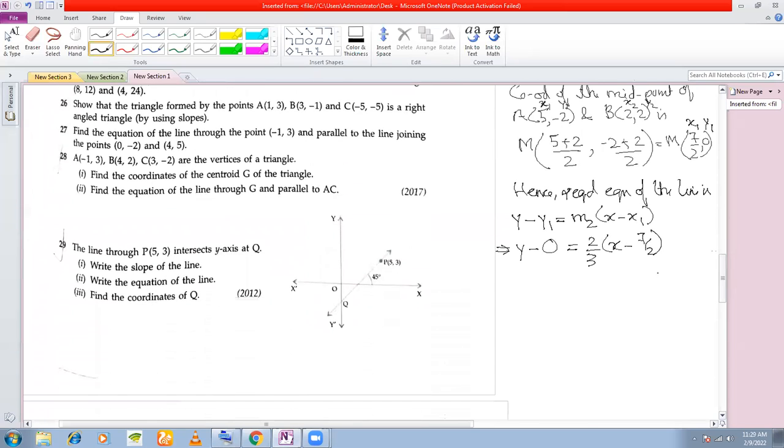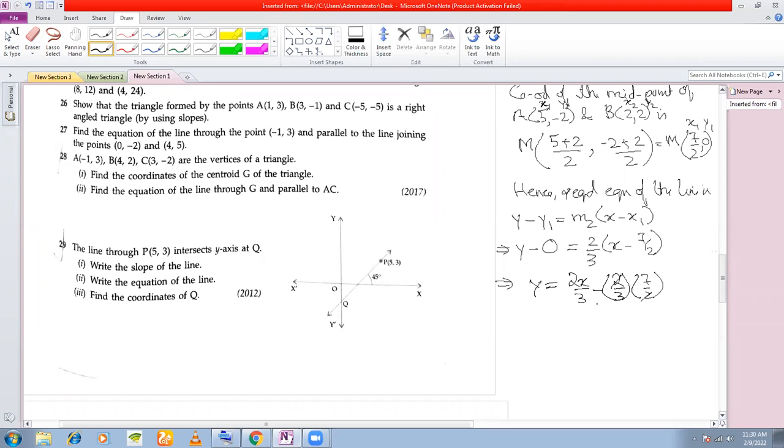Now we just simplify this to get our required equation. So you get 2 by 3 x minus 14 by 6. Or you can cross multiply and that will make your task a little easier. So you get y is equal to 2x by 3 minus 2 by 3 into 7 by 2.